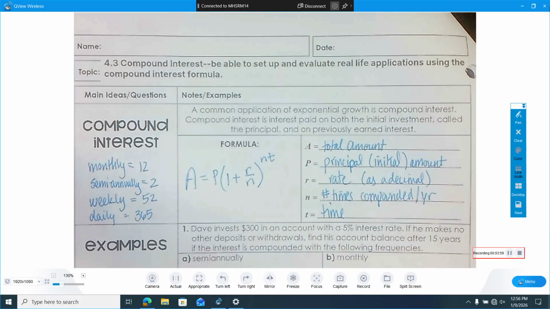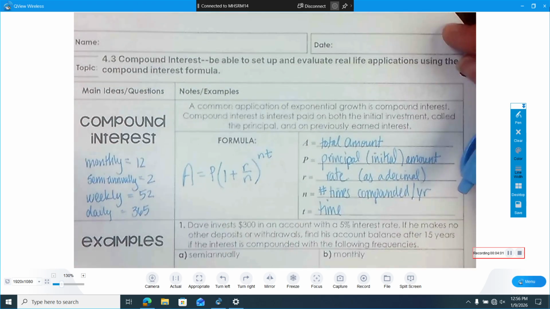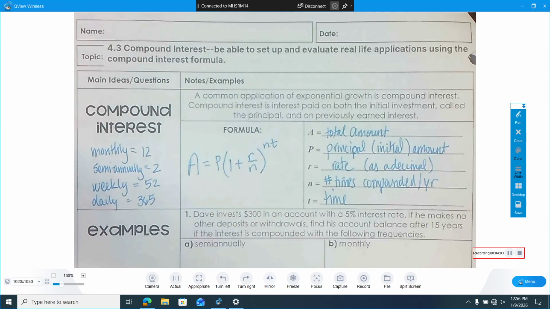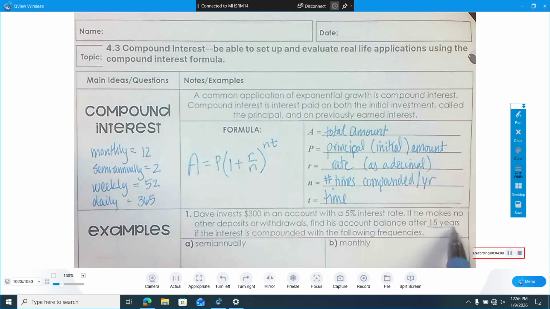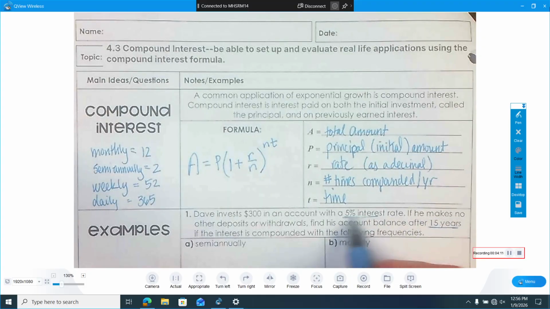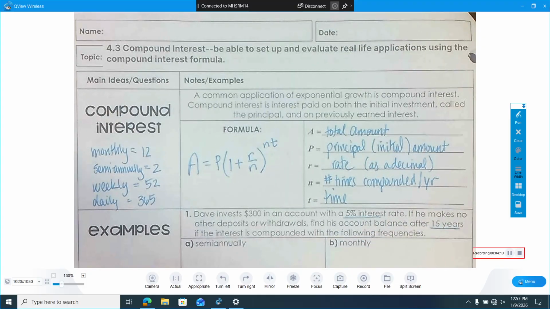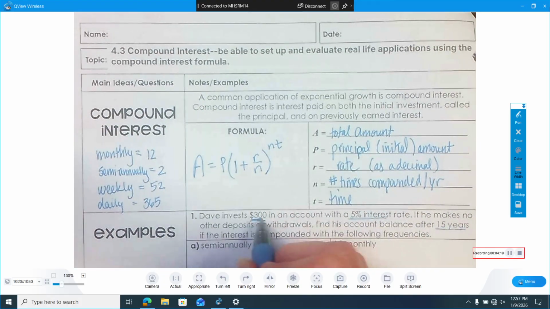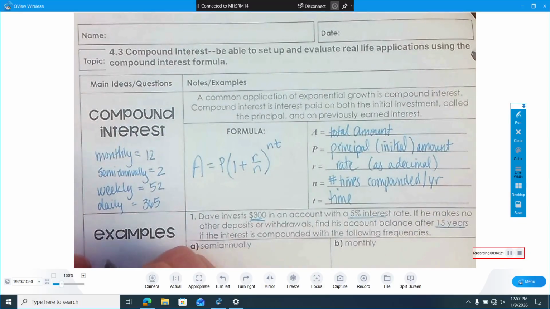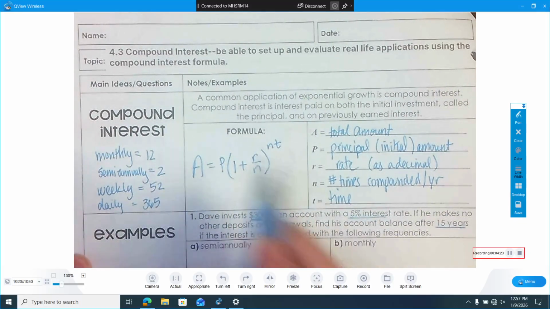So Dave invests $300 in an account with a 5% interest rate. If he makes no other deposits or withdrawals, find his account balance after 15 years if the interest is compounded with the following frequencies. All right, so he has $300. So what is 300 in our formula here?